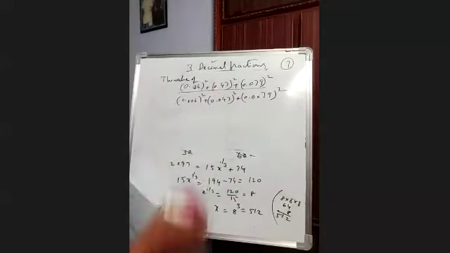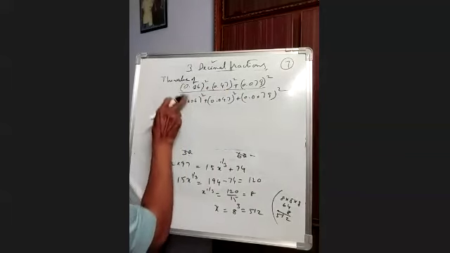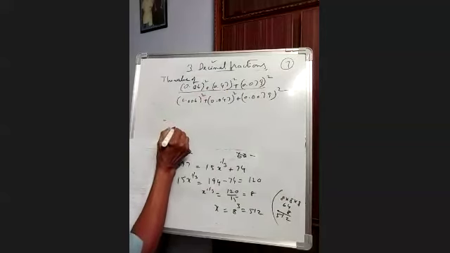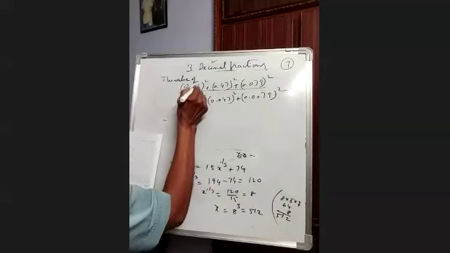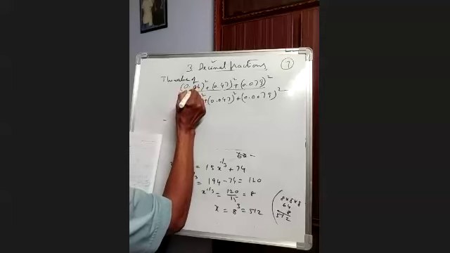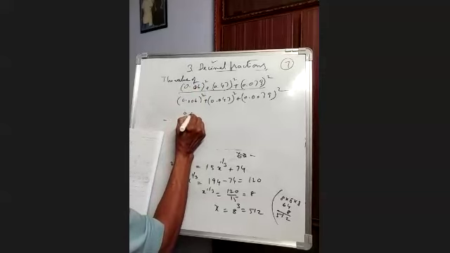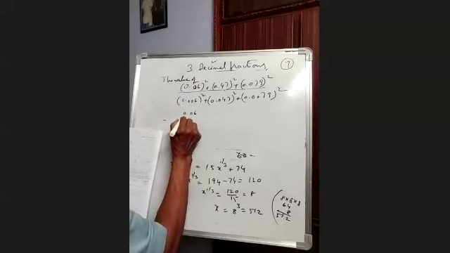There are similarities between numerator figures and denominator figures. This is 10 times this one. So we write here 0.06 by 10.